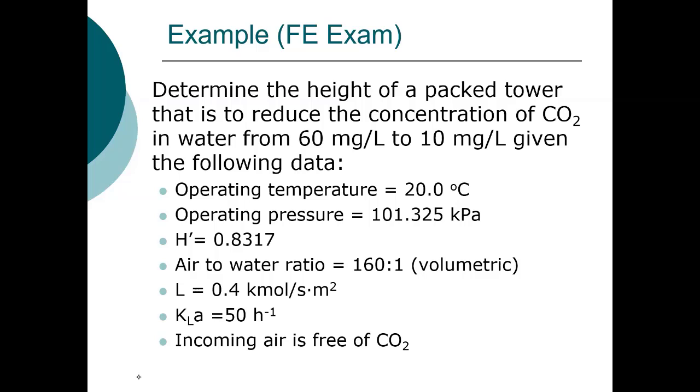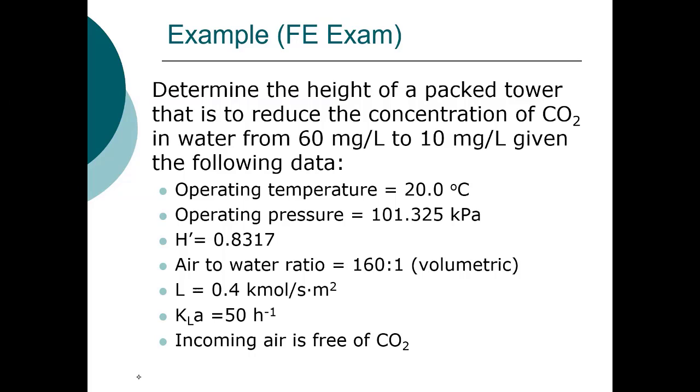So we have a packed tower, we have an operating temperature, pressure, you have a dimensionless Henry's constant, and this is specific for CO2. You have an air to water ratio of 160 to 1. You're told that the liquid loading rate is 0.4 kilomoles per second per meter squared of tower.